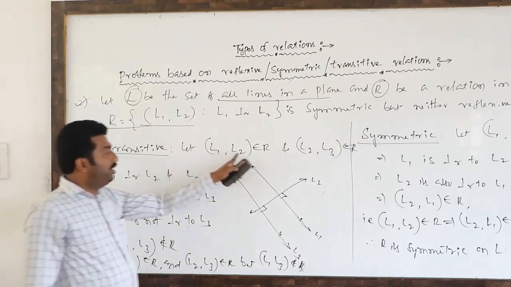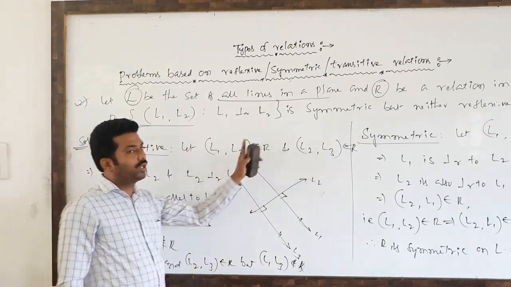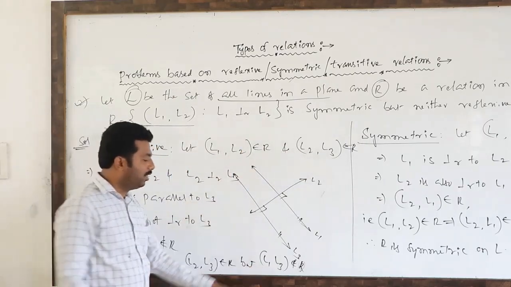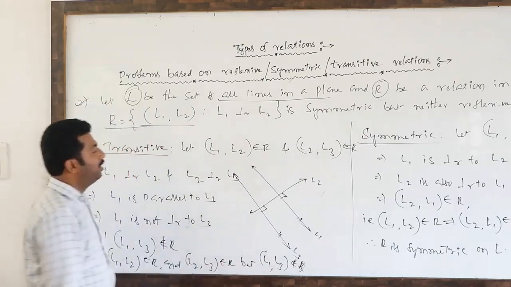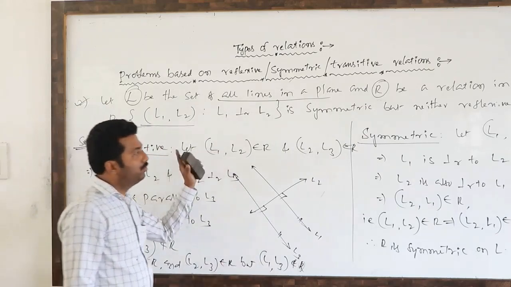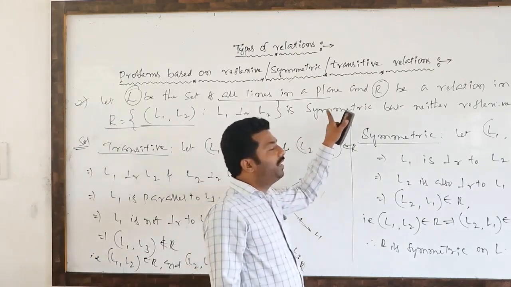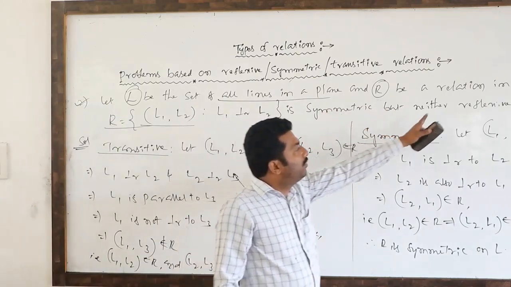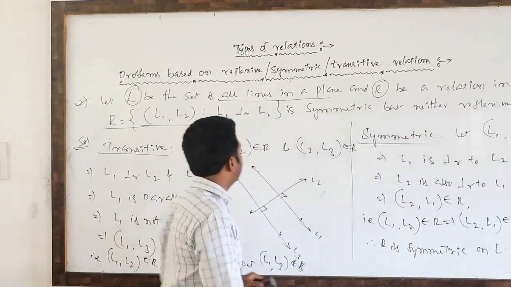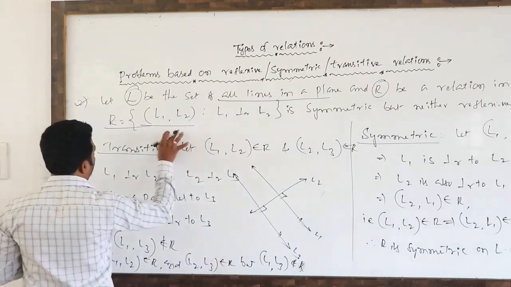So A comma B, B comma C belong to capital R, but A comma C does not belong to capital R, meaning capital R is not transitive. Hence, capital R is symmetric only, but neither reflexive nor transitive. Like that we have to answer.